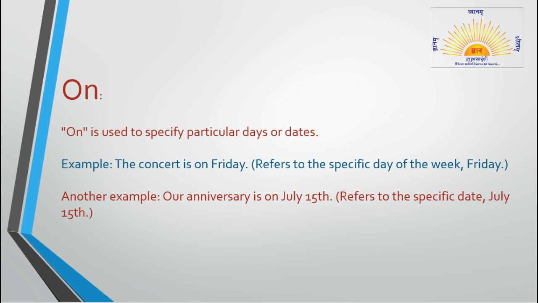So here on refers to the specific day of the week, that is Friday. Let's look at another example. Our anniversary is on July 15th. Here on refers to the specific date, that is July 15th.